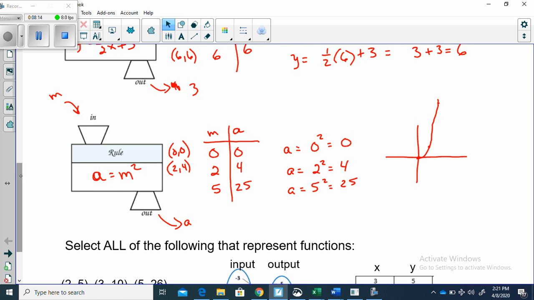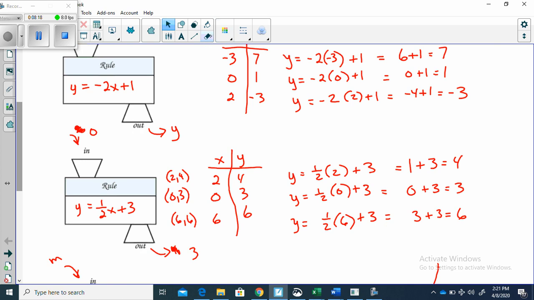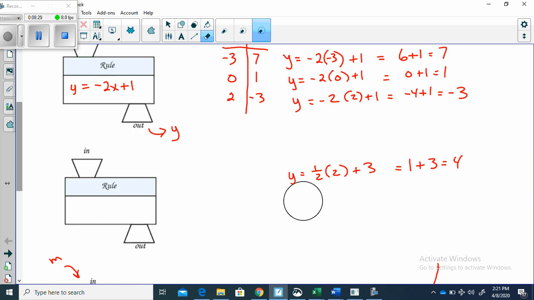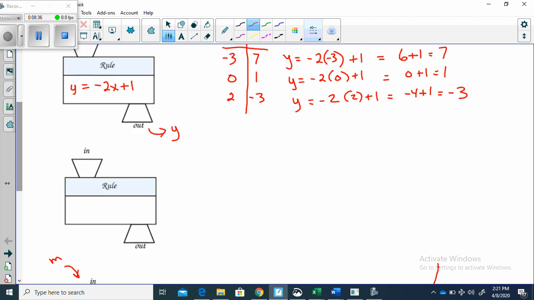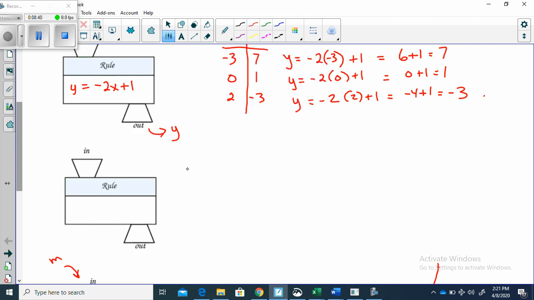Functions are also used whenever we're talking about real-world situations. And I want to do one real-world situation with you. And I'm going to erase this one here so we can do it. What if we're talking about the distance that a car travels? And let's say we're looking at a car that is going an average of 50 miles per hour.